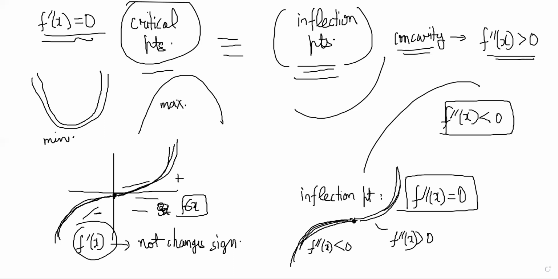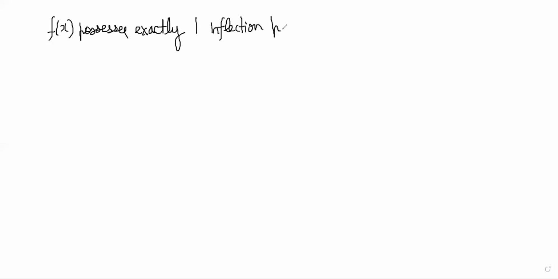Anyway, the question was: f(x) possesses exactly one inflection point. So how will you decide this? Inflection point will happen when double derivative is 0.